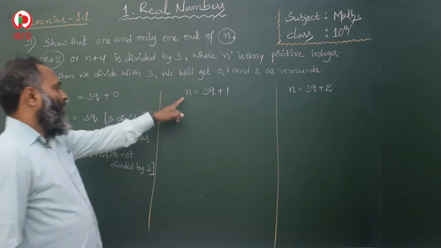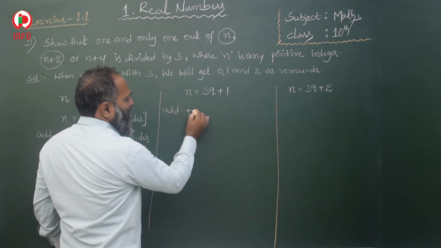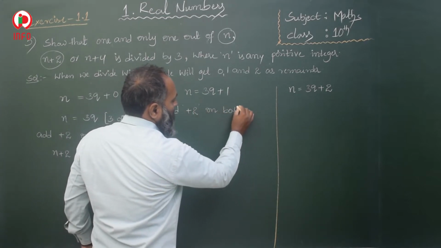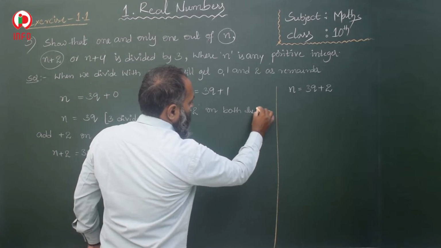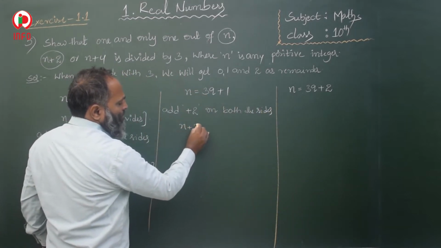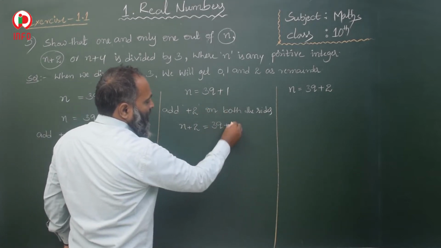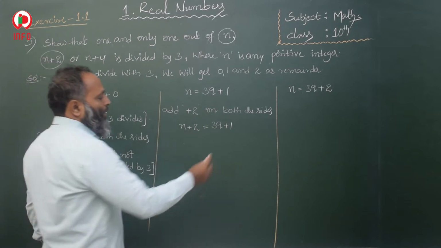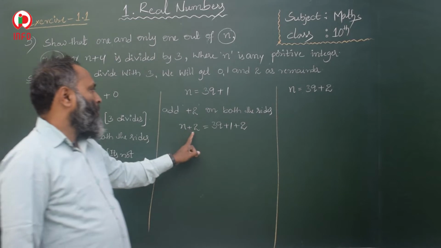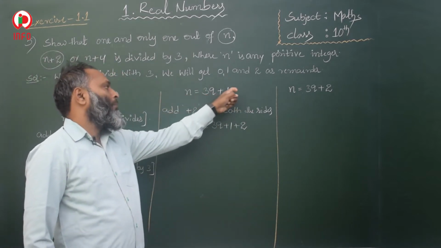Now here also add plus 2 on both sides, that is n plus 2 is equal to 3q plus 1 plus 2.